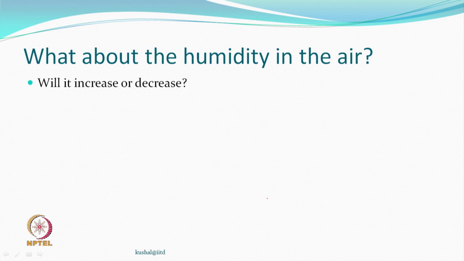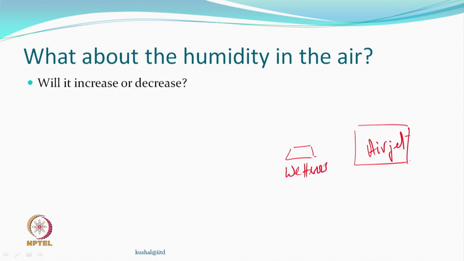What have we done? There is this air jet, and then there is this wetting device, so air first goes here, then goes there, and then we hope the textured yarn comes out.